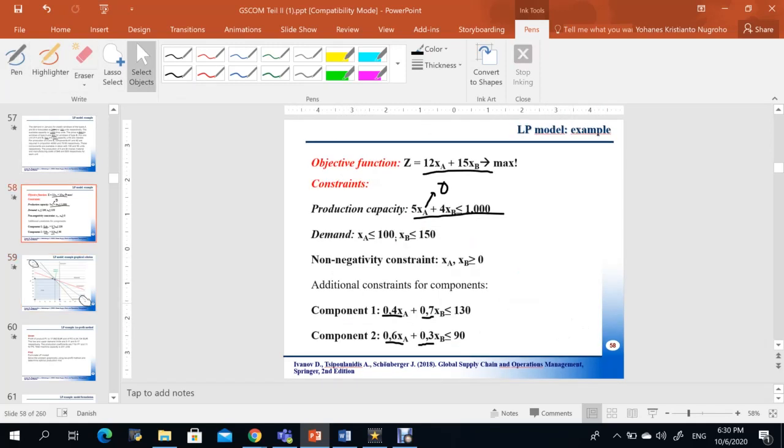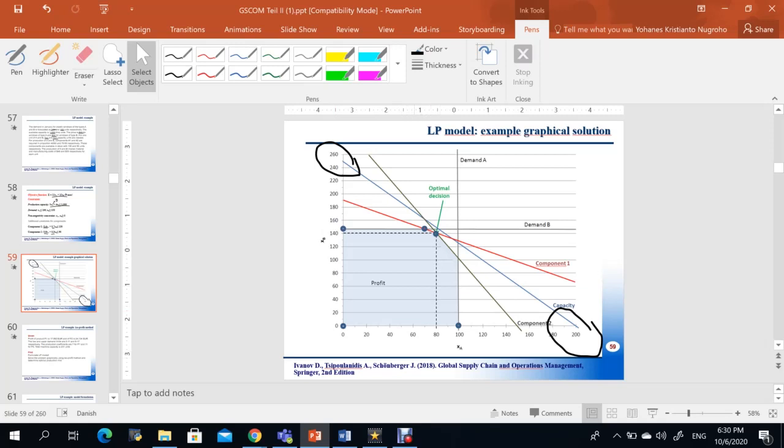Now we have the second constraint: xa less than 100, xb less than 150. Here, xa less than 100, and xb less than 150. Okay?